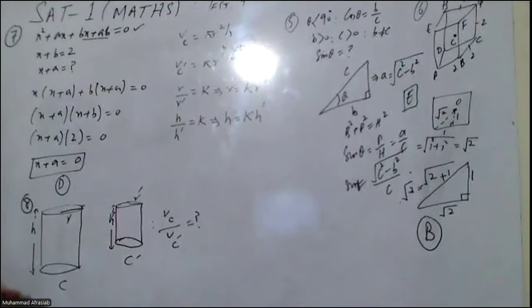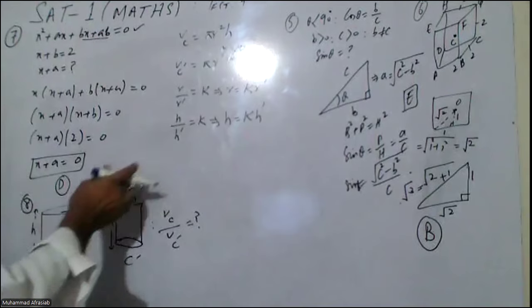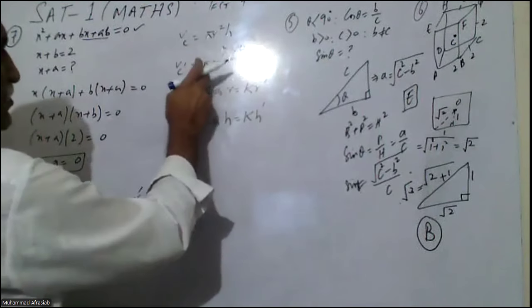So we can put these values into this form. Volume of C is pi R square H, and volume of C dash is equal to this.